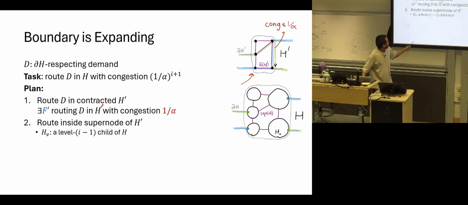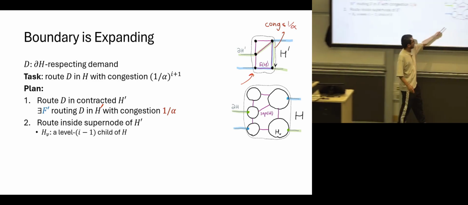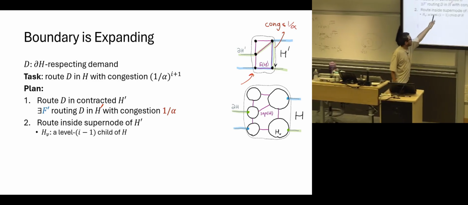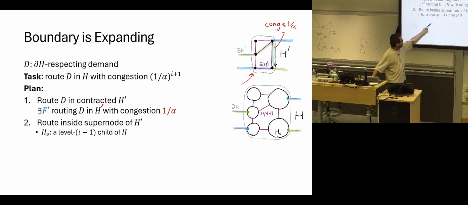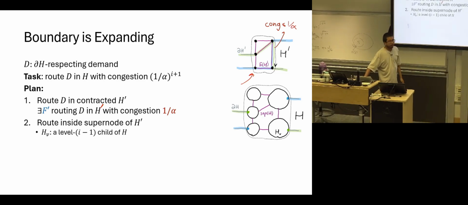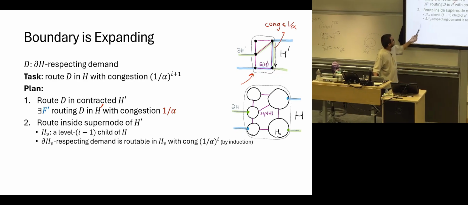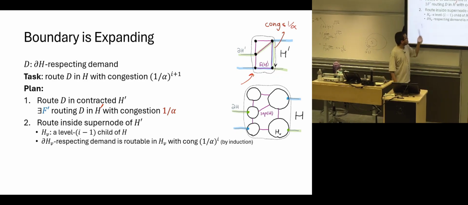So let's say I look at each child HV, which is maybe one supernode here, one level below H. Now, what do we know about HV?